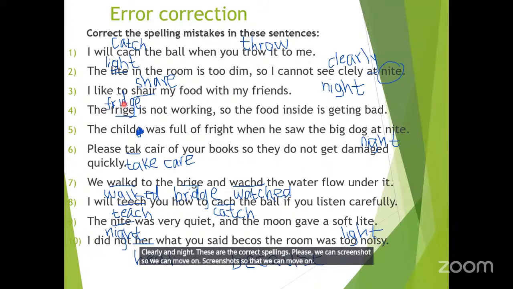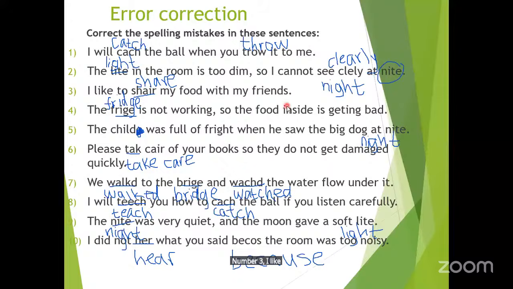Number 3, I like to share my food with my friends. So the share is SHARE, not SHAIR. Oh, please give me a minute.